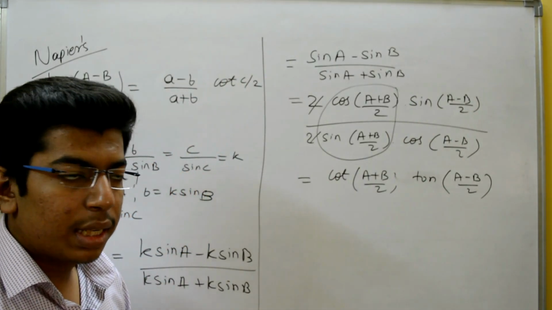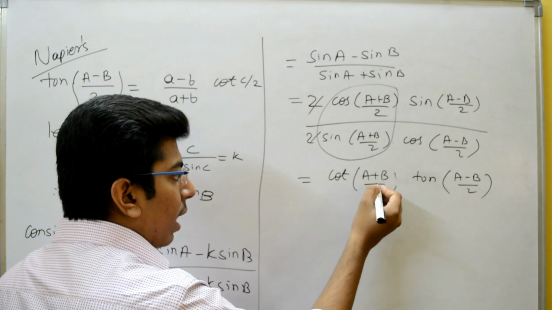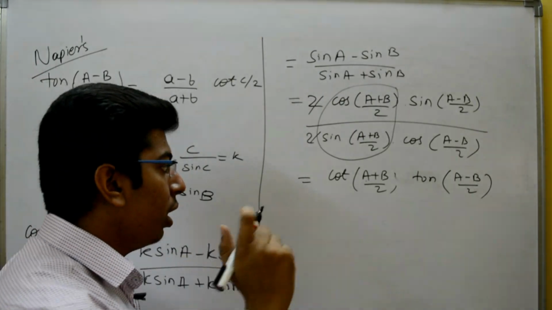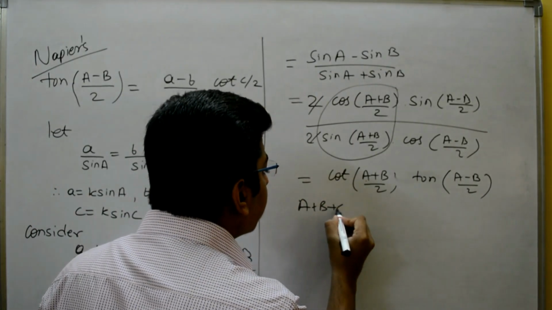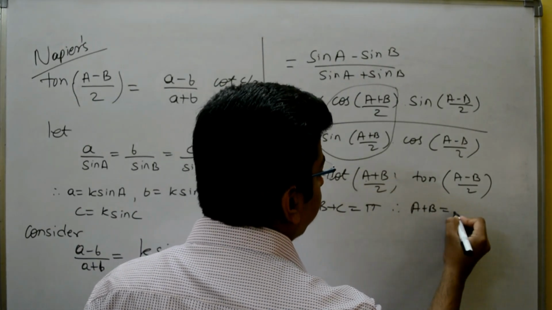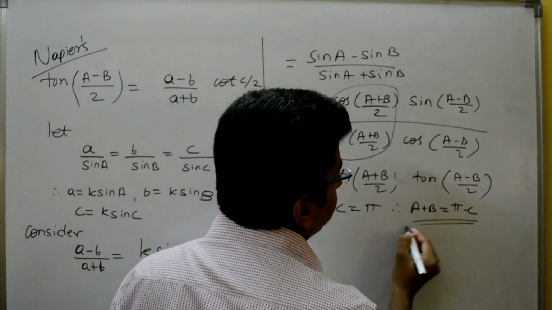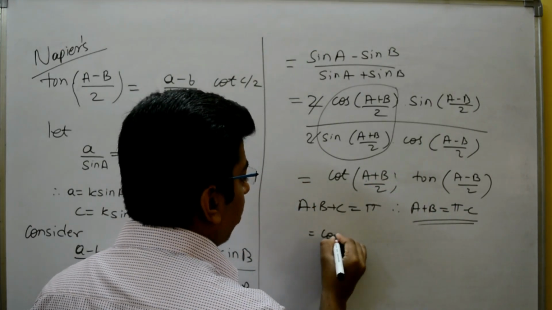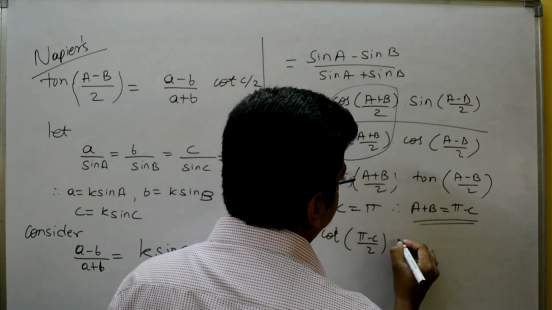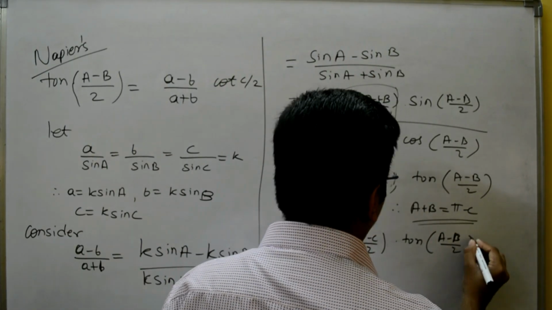But in the triangle, according to the property, this A, B and C are nothing but the angles of the triangle. So A plus B plus C is equal to pi. Therefore A plus B is equal to pi minus C. So replacing A plus B with pi minus C over here, therefore cot (pi minus C) by 2 into tan (A minus B) by 2.